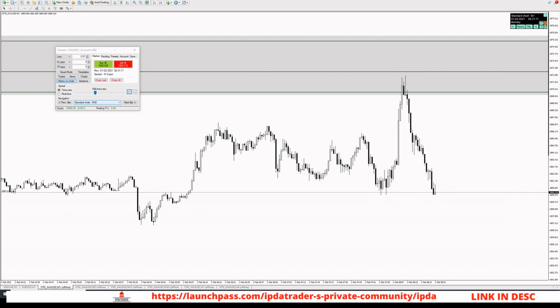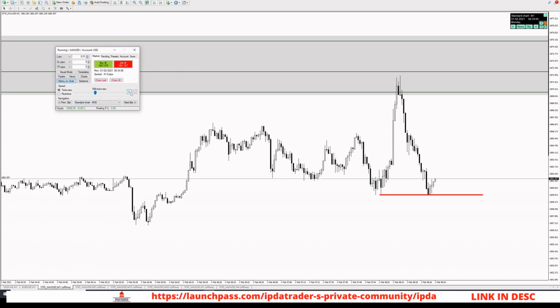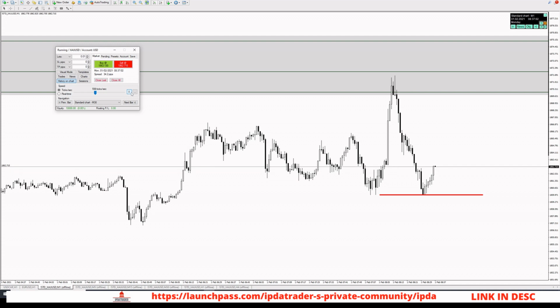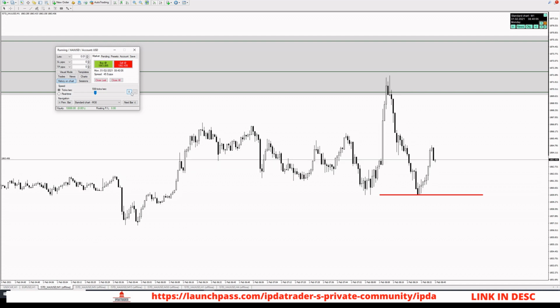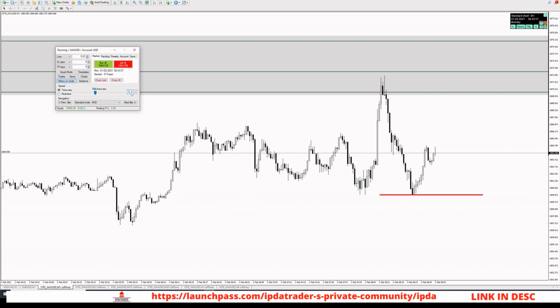So we're going to be waiting because I want to see if we do end up breaking below this 1 minute structure. So let's actually wait and see. So far we're respecting it, which makes sense. So yeah, let's see.